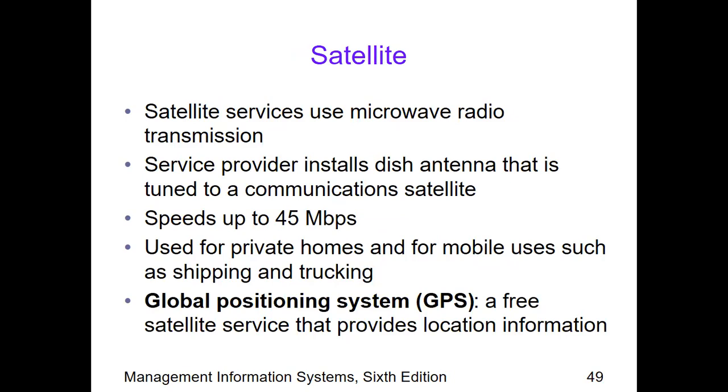Satellite would be perhaps one of the nicest things that can be considered for our connection. However, for sure, this is going to be expensive. Not everybody can afford it. The service provider installs a dish antenna that is tuned to a communications satellite, with speeds up to 45 megabits per second, used for private homes and for mobile uses such as shipping and tracking.